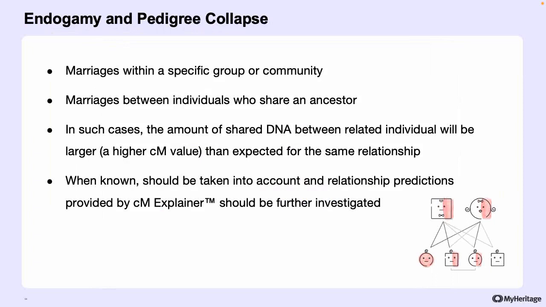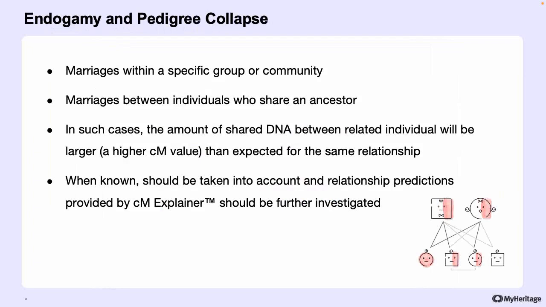Now, it's kind of tricky to provide probabilities when there's endogamy or pedigree collapse. One, because it's not always known where the pedigree collapse occurred, and sometimes the extent of the endogamy is not known. But when known, it should be taken into account, and relationship predictions provided by the CM explainer should be further investigated.